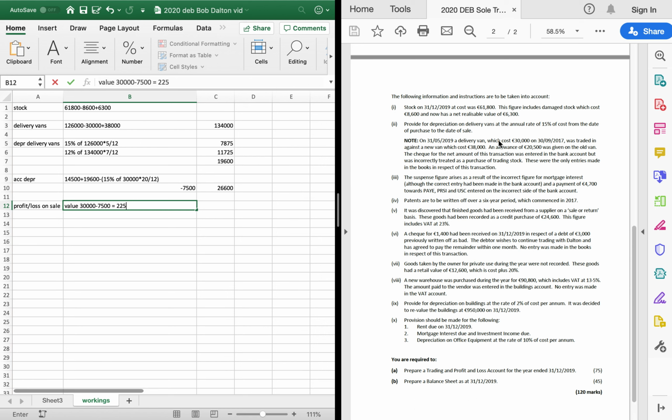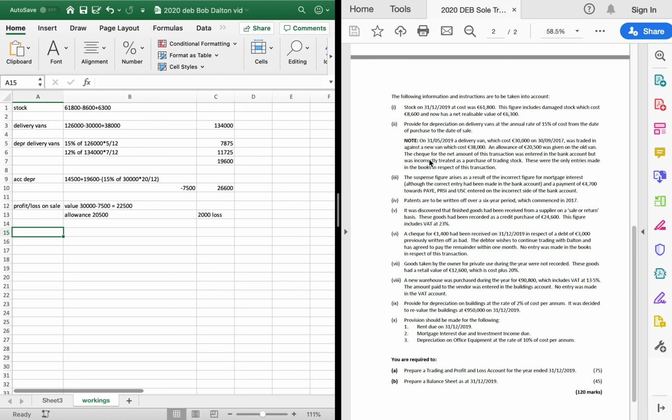So its value is 22.5. You got an allowance in the question of 20,500. So you got 20,500 for something worth 22.5. So that's a 2,000 euro loss. Okay.